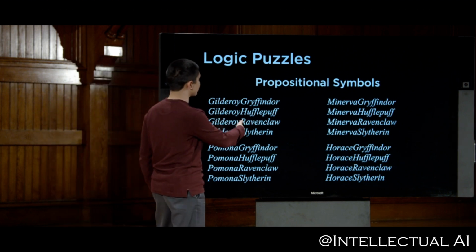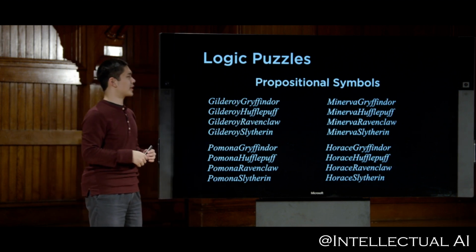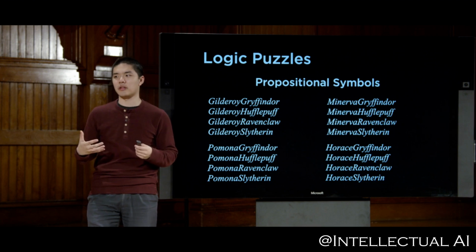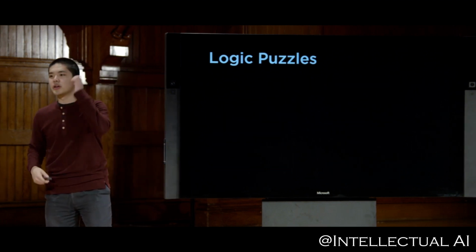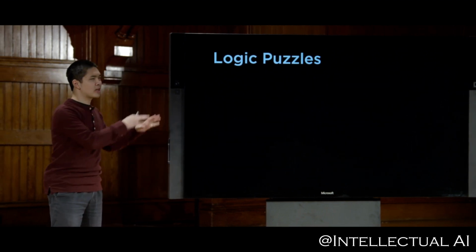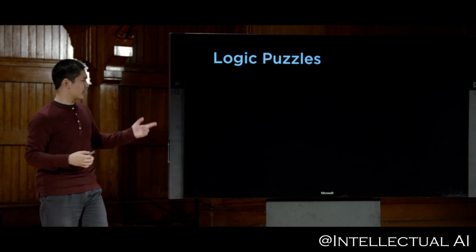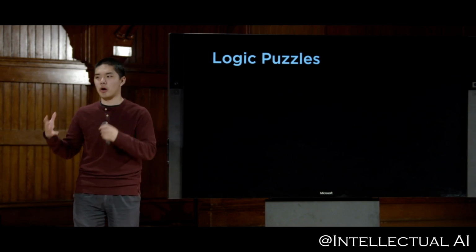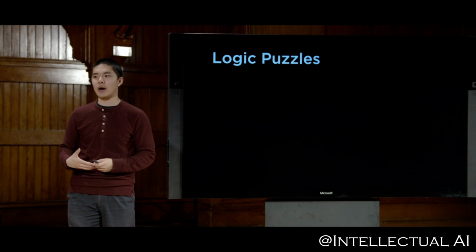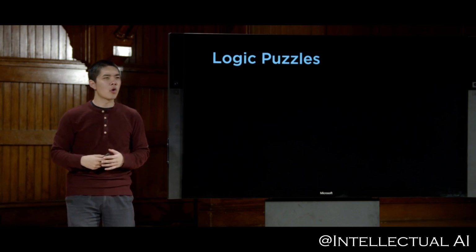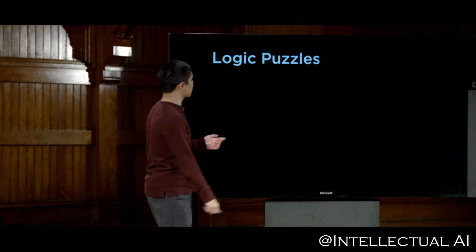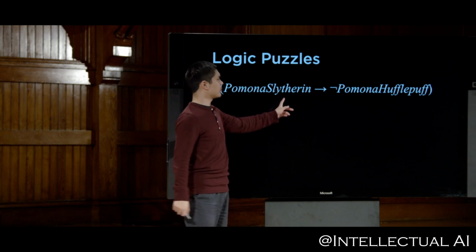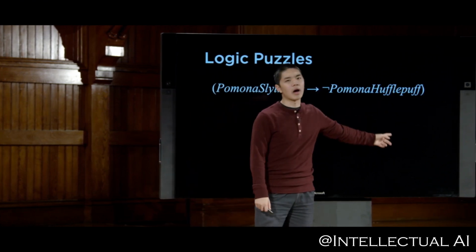Using this type of knowledge, we can then begin to think about what types of logical sentences we can say about the puzzle. Before we even think about the information we were given, we can think about the premise of the problem, that every person is assigned to a different house. So what does that tell us? Well, it tells us sentences like this. Pomona Slytherin implies not Pomona Hufflepuff.